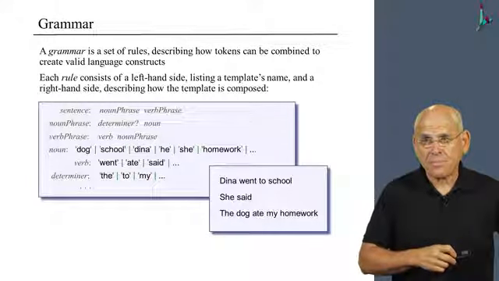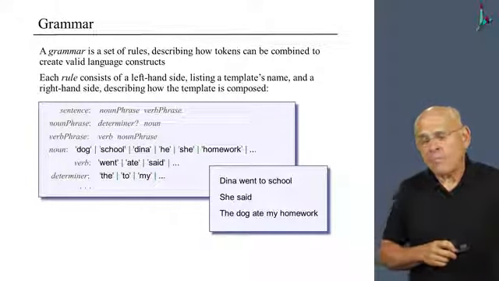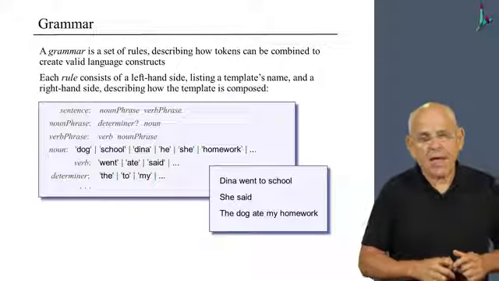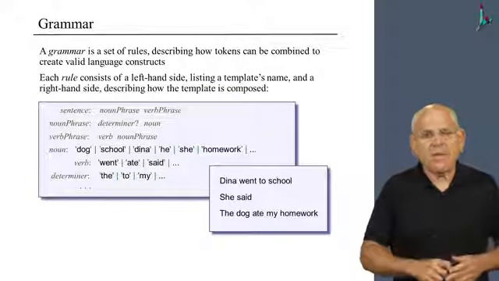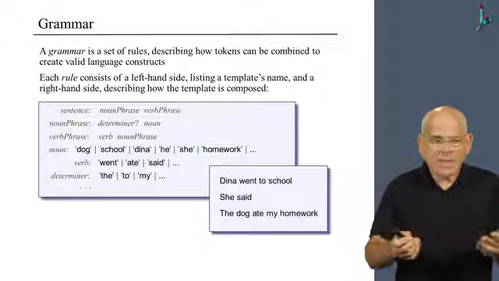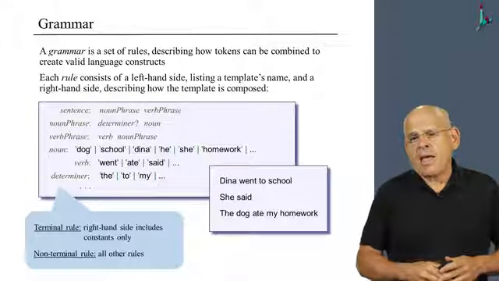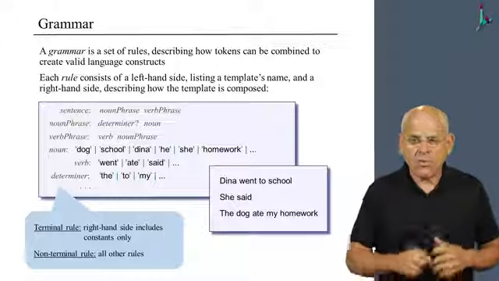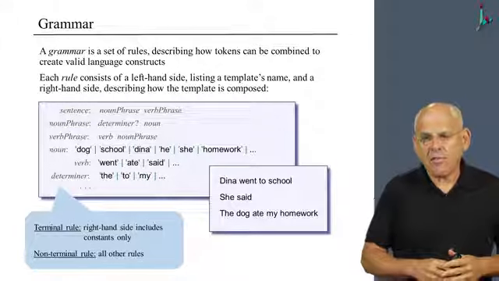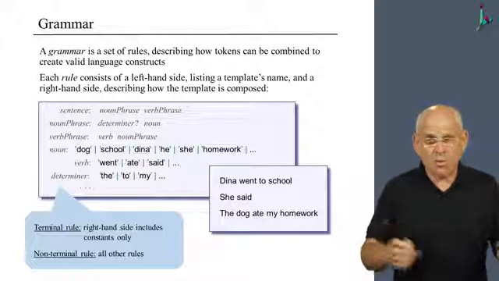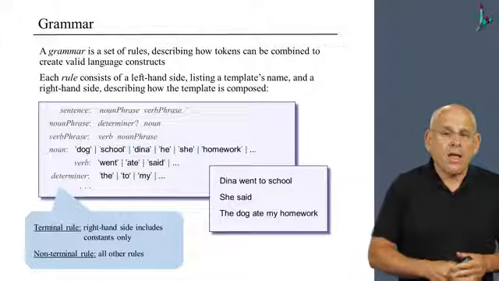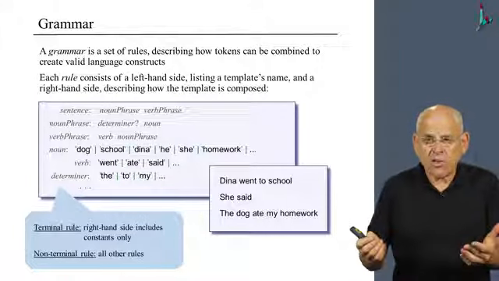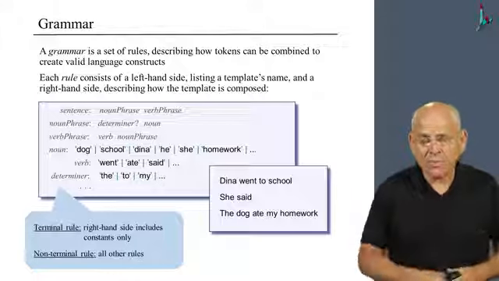Now, looking at this grammar, I can observe that it is made of, as I said, a set of rules. And these rules fall into two broad categories. First of all, I have terminal rules, and terminal rules are rules whose right-hand side consists of constants only.